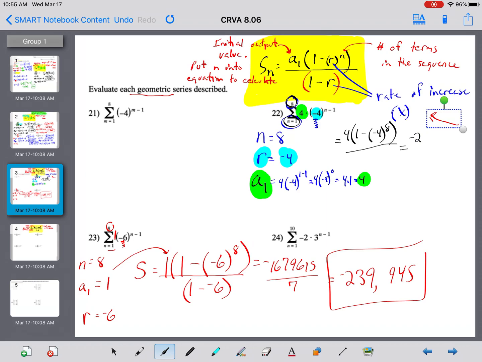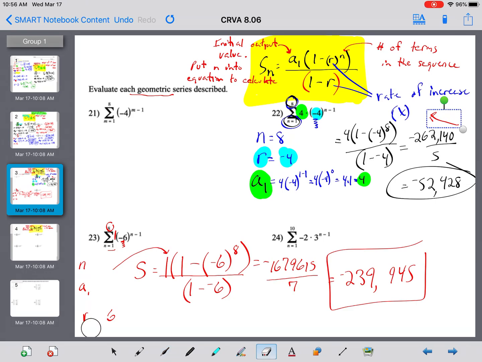I get negative 262,140. And that answer gets divided by 1 minus the rate, which is 5. And so then we get negative 52,428. Boom.